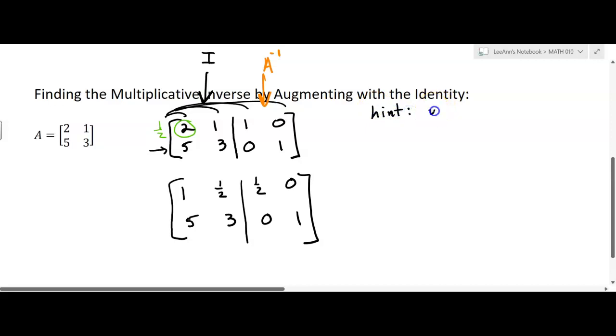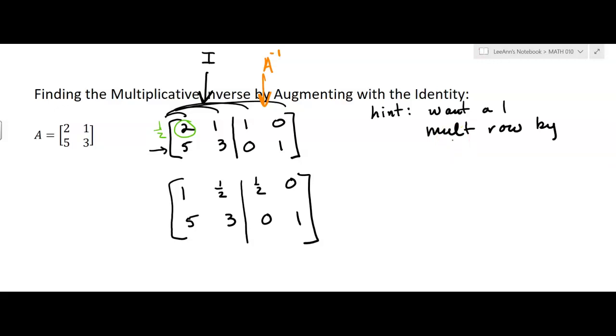When you want a 1, multiply the whole row by the inverse of the number. Like I said 2, and I multiplied by 1/2, right? Okay, so this is elementary row operation number 2. You're just multiplying a whole row.